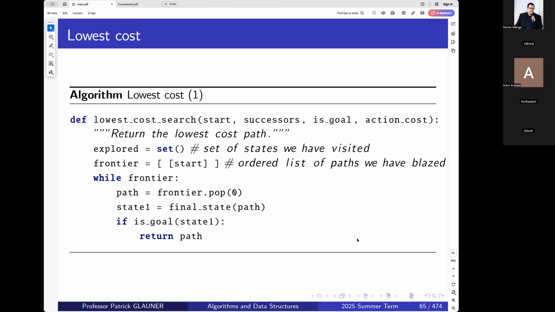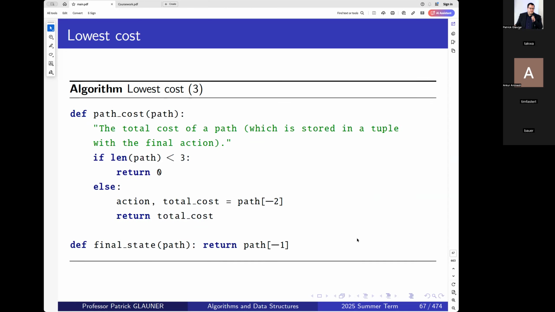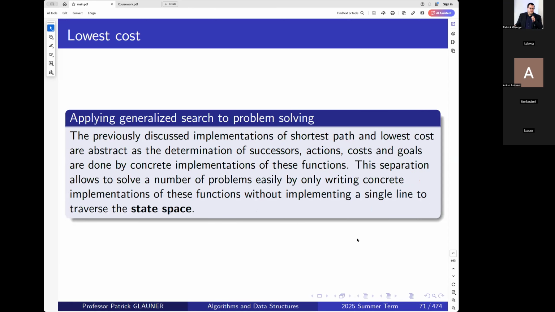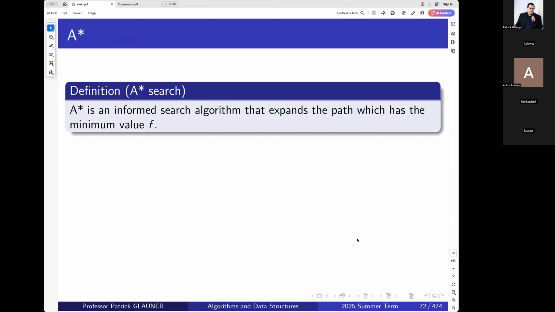Last week, we continued with graphs and looked at the lowest cost search, which is an extension of our shortest path, and we assign costs to actions. We saw how to implement this algorithm, compared it in detail to shortest path, and saw why this generalized search in a state space is very helpful and reusable.